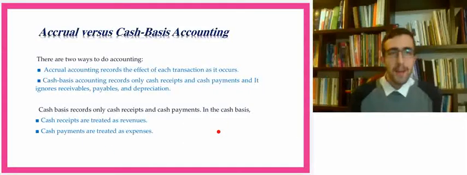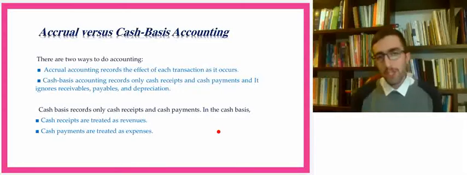On the next page, we have accrual accounting versus cash basis accounting. Look, there are 2 ways to do accounting. The first one is accrual accounting, which records the effect of each transaction as it occurs. And the second one is cash basis accounting, which records only cash receipts and cash payments, and it ignores receivables, payables, and even depreciation.